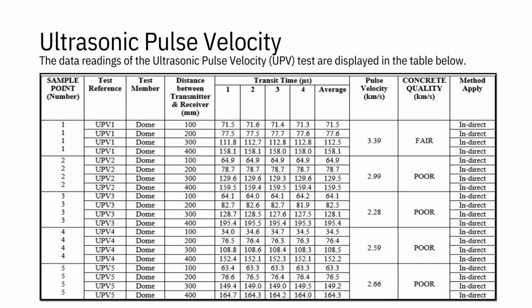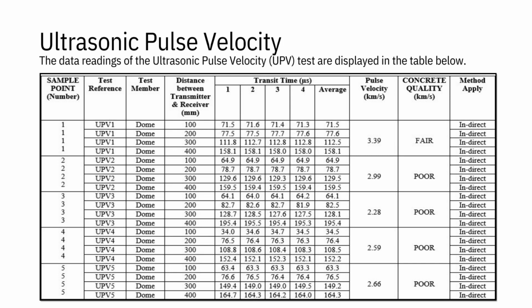From every point we have four readings for the distance between transmitter and receiver. As we see from the table, the distances are 100, 200, 300, and 400.